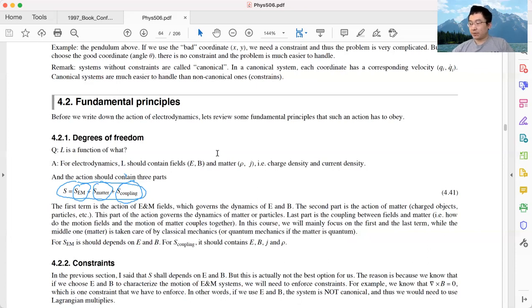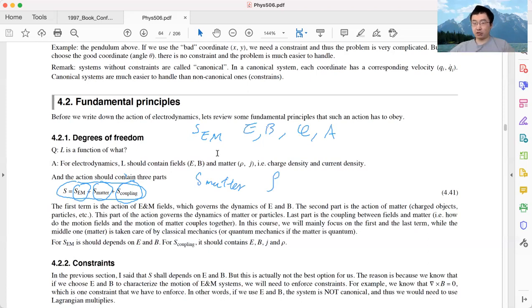And of course, these 3 terms are different. They describe different parts of the physics. So the EM part, the electromagnetic field part, should depend on the E field and on B. Or if we choose the scalar and vector potentials to describe the E and B fields, it should depend on the scalar potential phi and the vector potential A. And the matter part should depend on, say, the coordinates of my charged objects, the charge distribution.